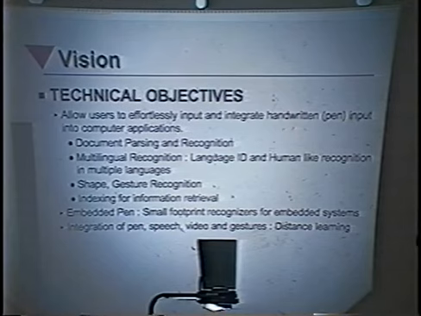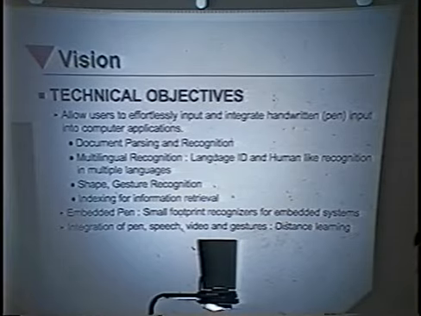So the problem is document parsing and recognition, where you need to parse the documents into regions, in each one of which there is data of one kind. Then multilingual recognition, of which language ID is a fairly significant problem that we need to address.